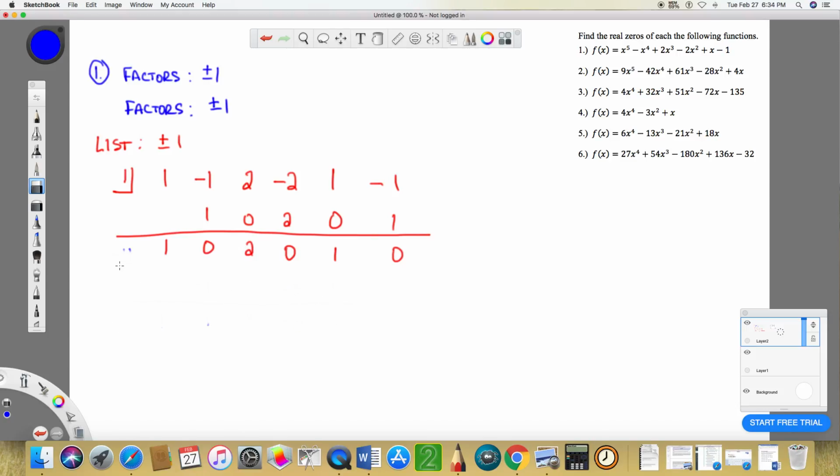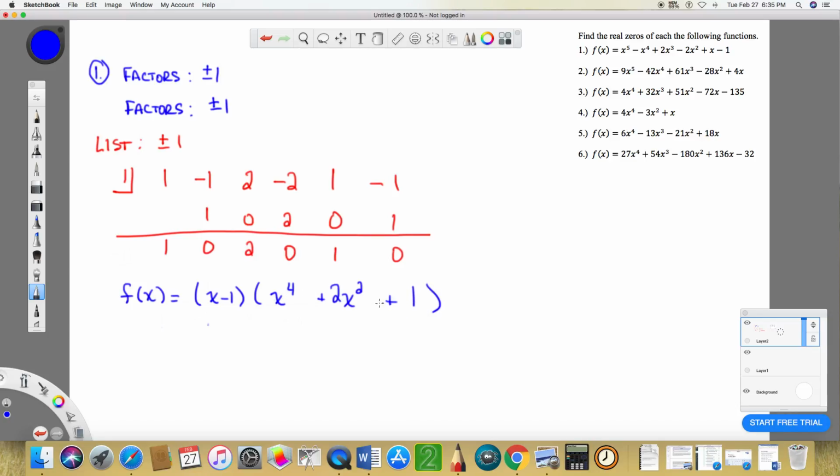All right, so let's write it in factored form and see if anything comes to mind. So this function, instead of writing it in standard form like it's given, we can write it as x minus 1 times that fifth degree, this guy is now fourth degree, so that's 1x to the fourth, there is no x cubed, and then 2x squared, and there is no x, and then plus 1.